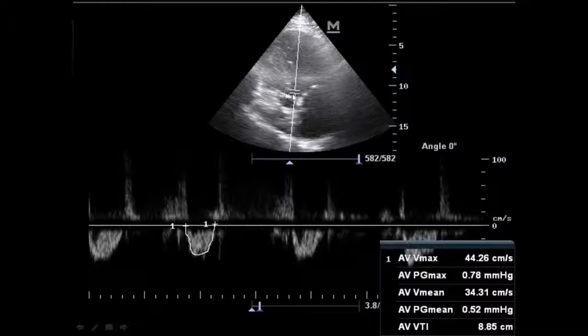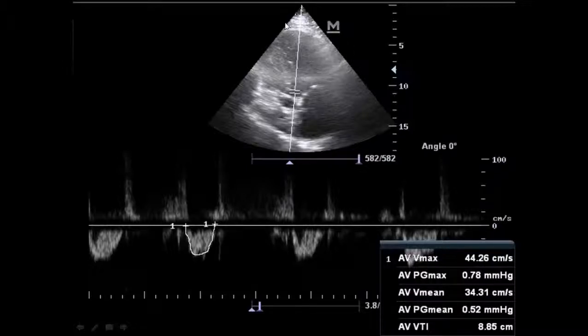This is the baseline. As I said to you, always in this 5-chamber view, I will put the pulsed wave in the aortic tract, and I will activate the pulsed wave Doppler. I will see this VTI, velocity time integral, which is the Doppler signal of the blood coming out of the ventricle in the left ventricular outflow tract.